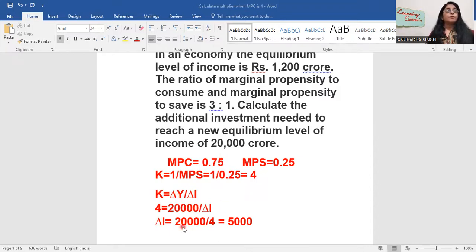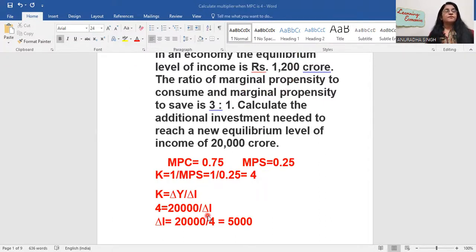But we do not know the investment. Nothing has been given about investment. They are asking you to calculate additional investment. And see, the value 1200 crores is useless for us. It has been given just to confuse you. It is not required.